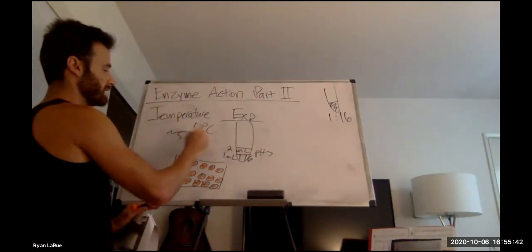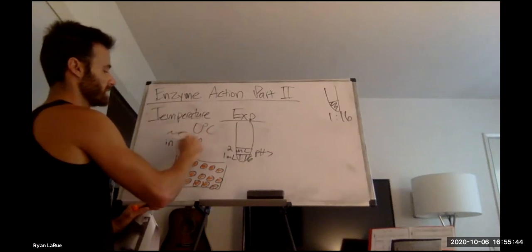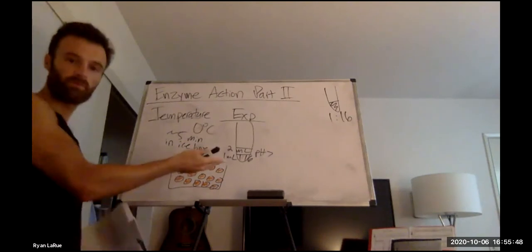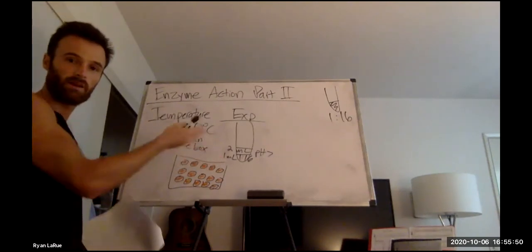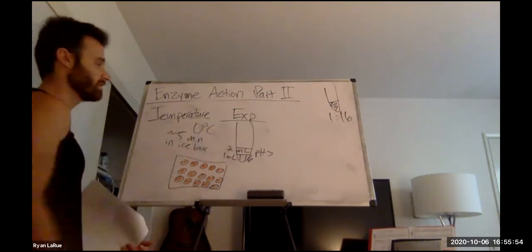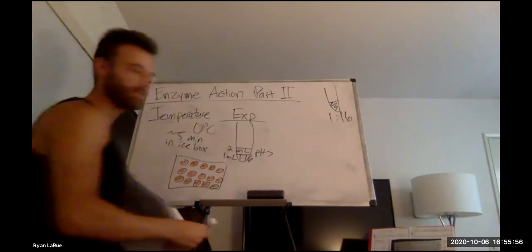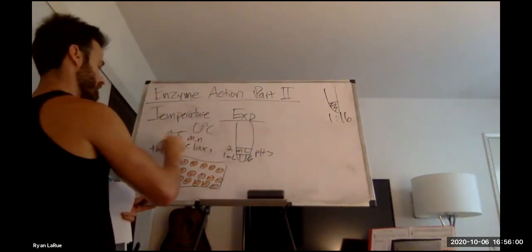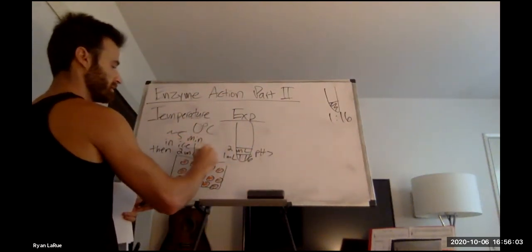And then after you've basically frozen the conditions or dramatically decreased the temperature, then you'd add your starch. So then 2 mils of starch, just like before.